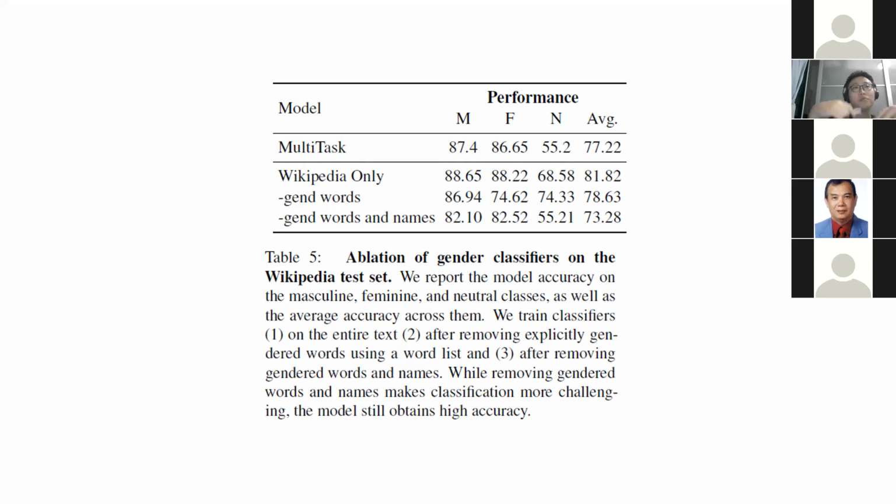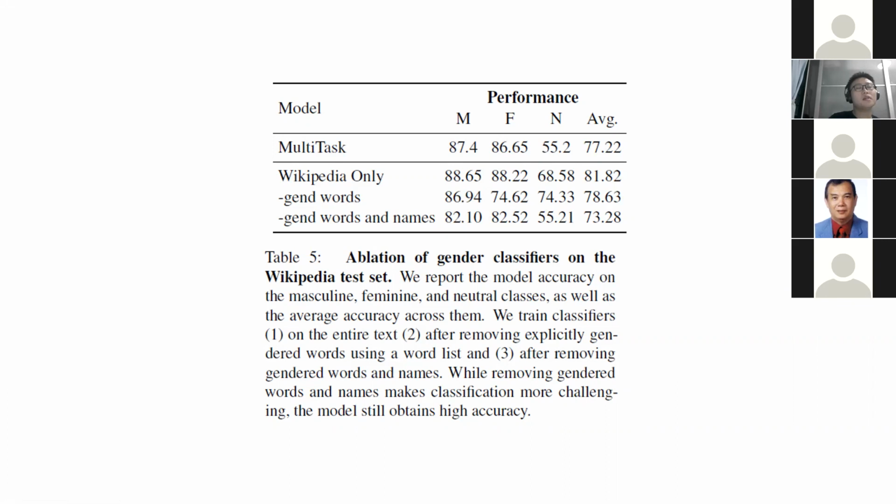So after they remove these gendered words and train the multitask classifier on the Wikipedia test set with those things removed, you can see that they still manage to achieve above random performance, and the performance actually is quite good.